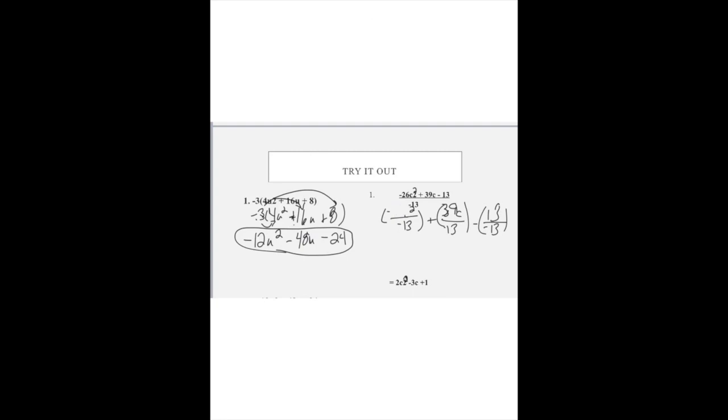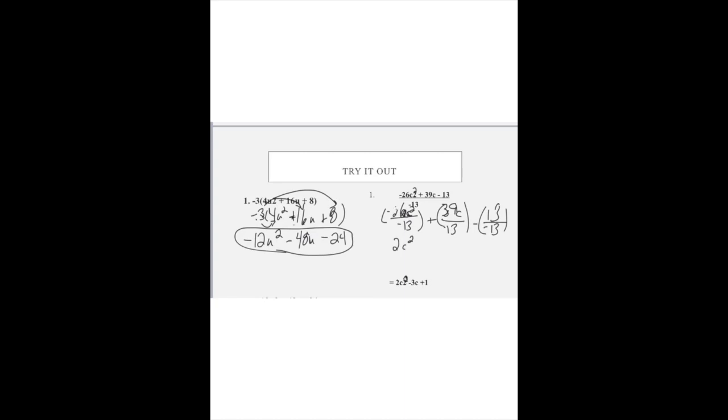Let me clear things up a little bit here. My stylus doesn't want to cooperate. Okay, -26c squared divided by -13: since 26 is negative itself, we get a positive. So we end up with 2c squared.